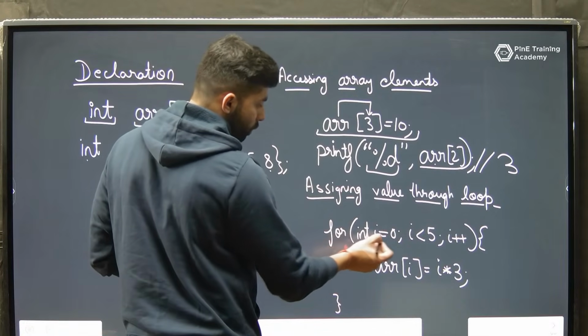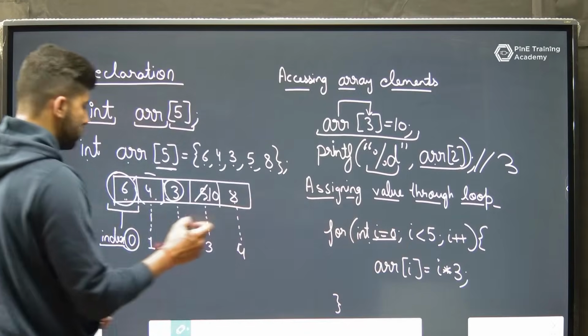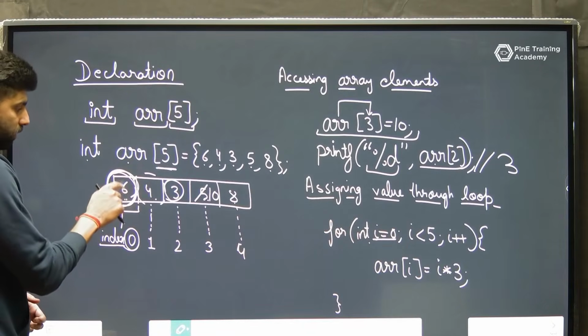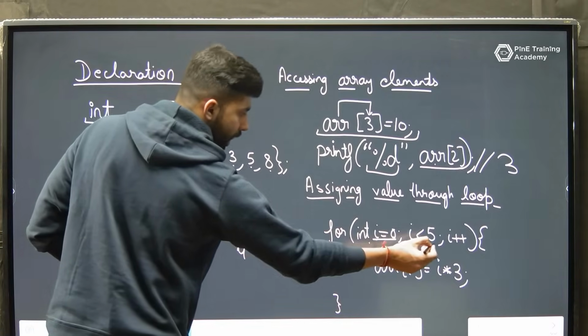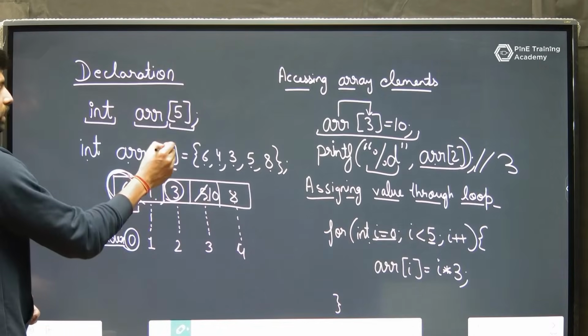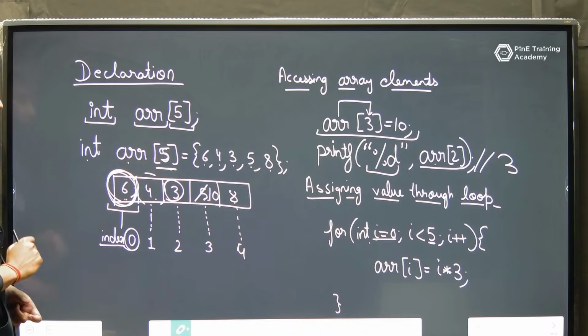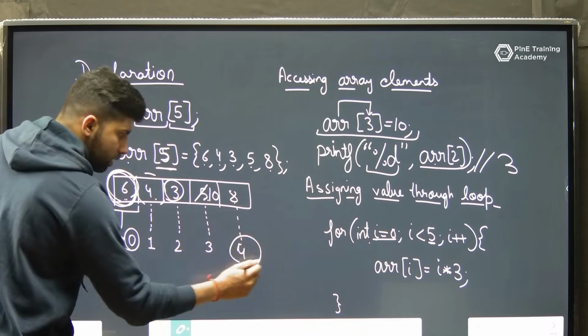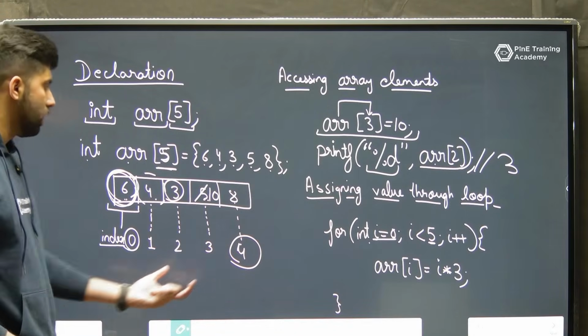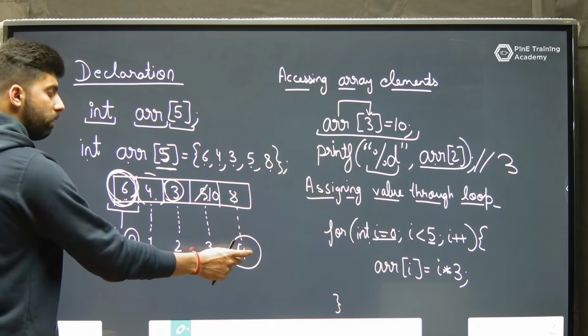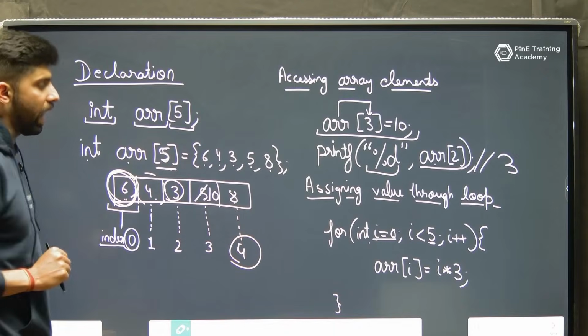In the loop we start with 0, because the first index is the 0th index, and we go less than 5. If the size of the array was 5, the last index will be 4. So the last index will always be 1 less than the size of the array.